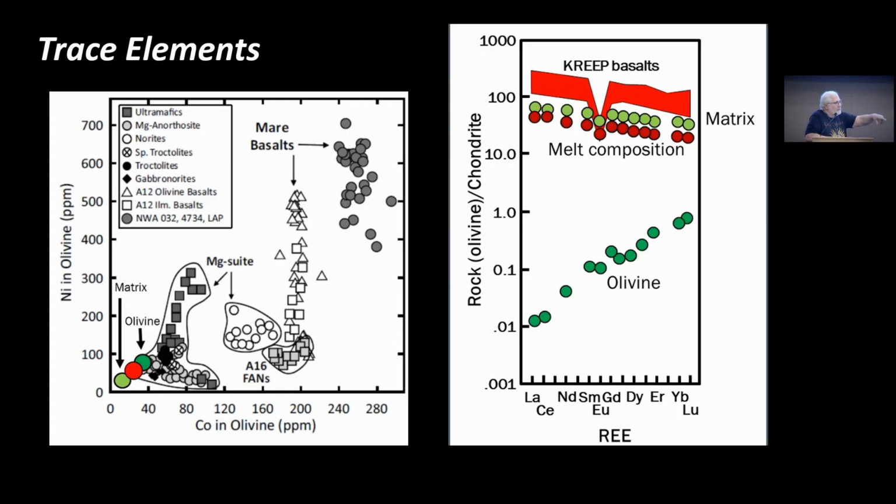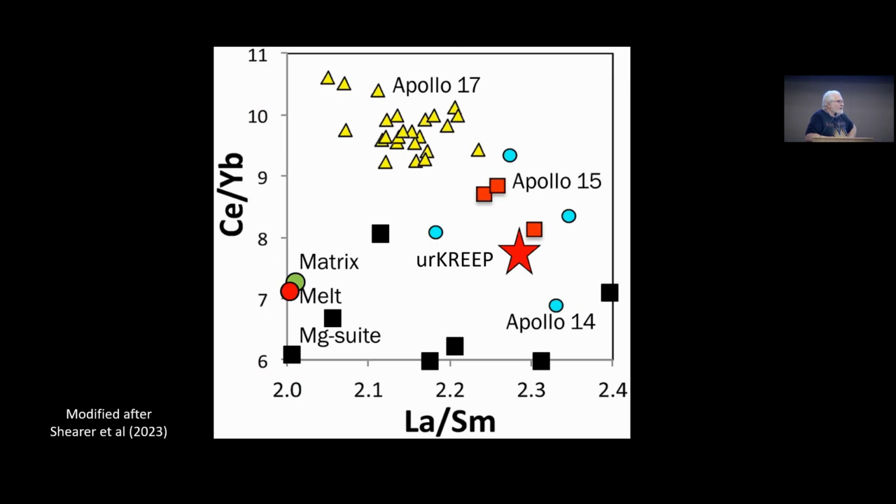Also shown in the diagram to your right is that the matrix and the bulk composition that we determined from this does have a KREEP-like signature that essentially mimics KREEP basalts, although somewhat lower. And this I borrowed from Clive Neal in our chapter in New Views of the Moon 2, which illustrates that there are some differences in these two ratios compared to the KREEP basalts.